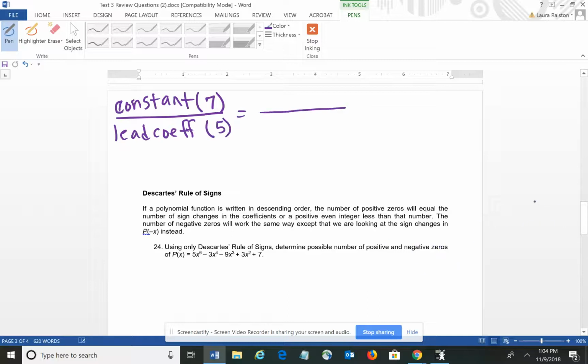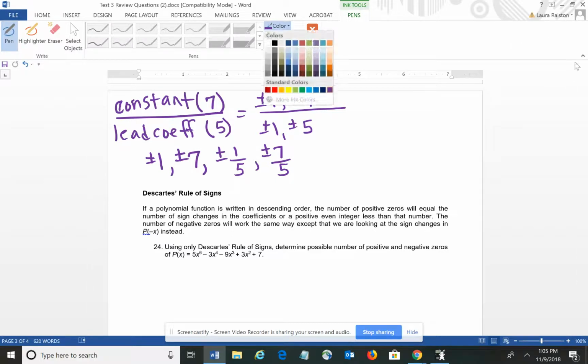To get 7, we would multiply 1 times 7. To get 5, we can use 1 and 5. So creating our list, we would have 1 compared to 1, 7 compared to 1, 1 compared to 5, and 7 compared to 5. So again, what's happening is we've gone from having a bazillion jillion possible values for x to having 8 options. And we can use Descartes' rule of signs to help us narrow that list even further.